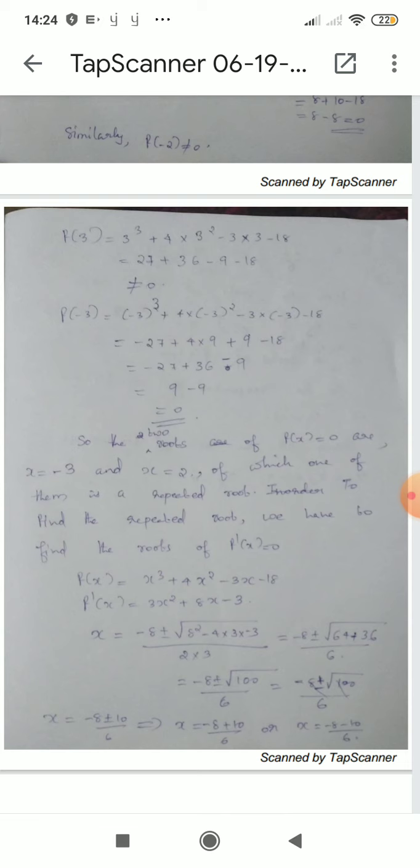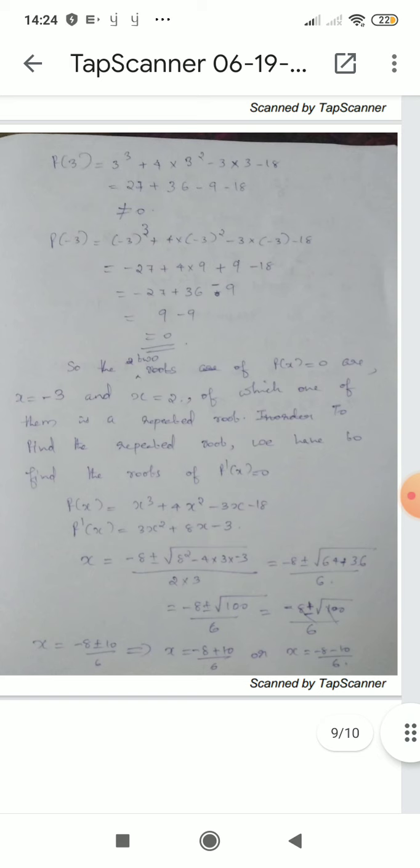And what is f dash of x? The derivative of x cube is 3x square, and the derivative of x square is 2x. So 4 into 2x is 8x, and the derivative of minus 3x is minus 3, and the derivative of minus 18, a constant, is 0. So we got f dash of x is equal to 3x square plus 8x minus 3.